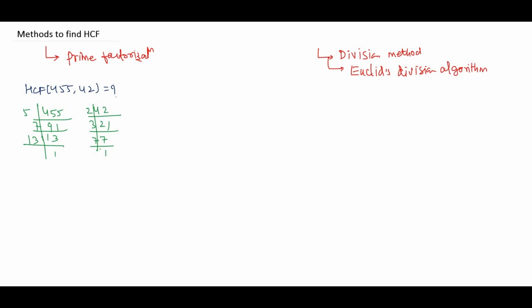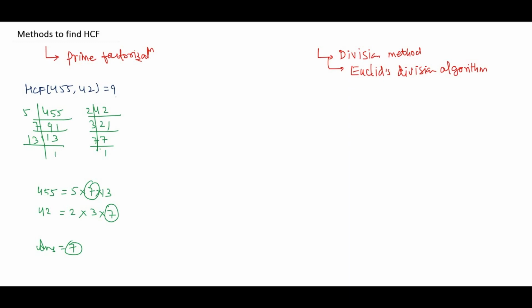So 455 can be written as 5 into 7 into 13 and 42 can be written as 2 into 3 into 7. So we can see that 7 is the highest common factor. So our answer is 7, right?